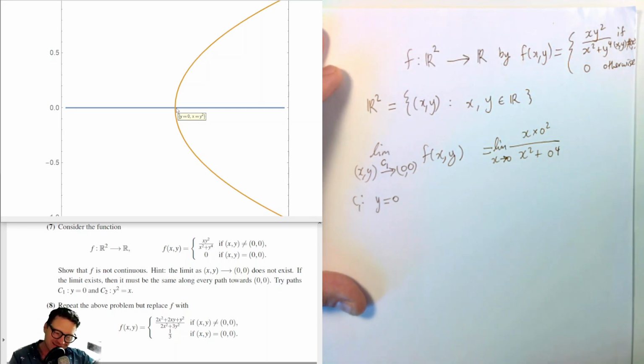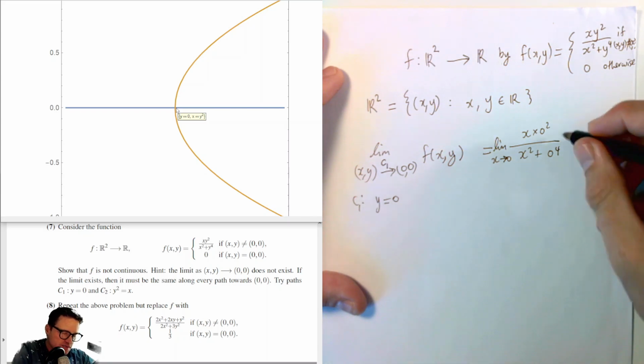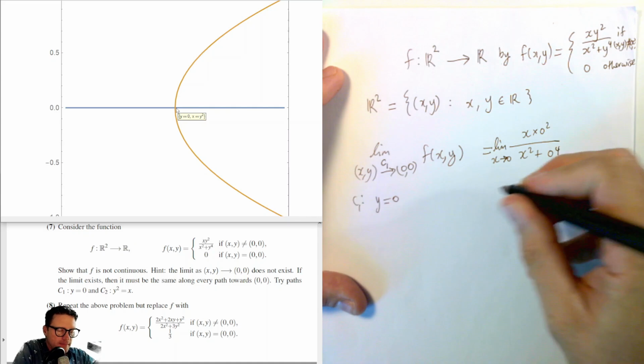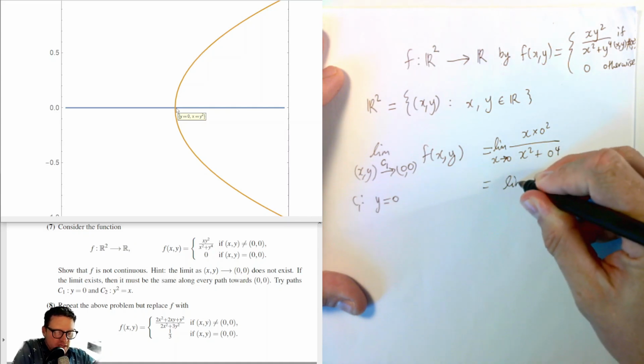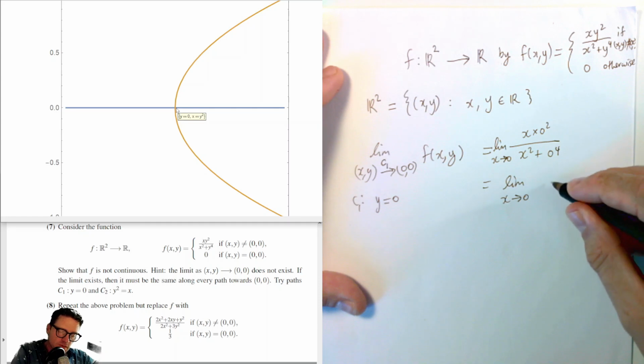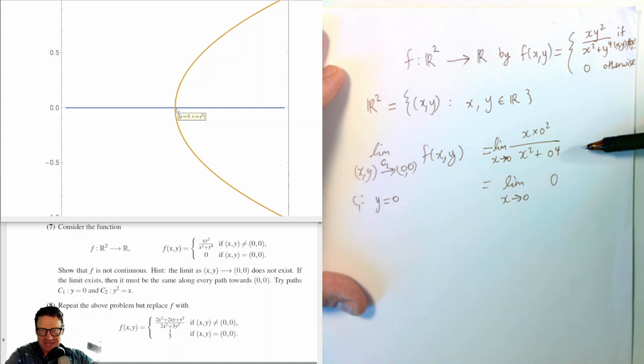Now the numerator is equal to 0. The denominator is x squared, so this entire thing is 0 before we even consider the limit. So we have the limit as x goes to 0 of 0. Now remember, we're not evaluating this at 0. We're just taking the limit, meaning taking x going extremely close to 0, but not equal to 0, looking at what that is.